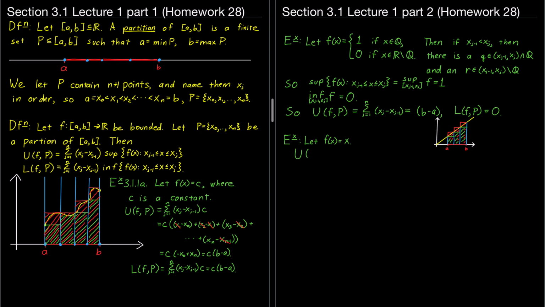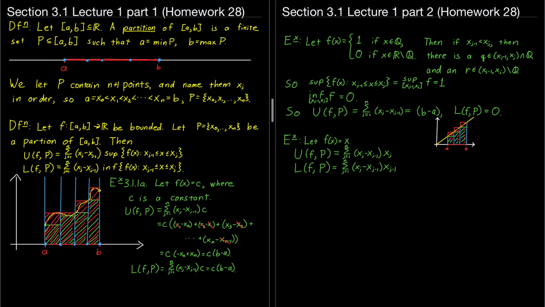So in this case, upper sum of f with respect to p, sum from j equals 1 up to n, xj minus xj minus 1. Then the biggest that f gets is xj. And our lower sum, same thing with an xj minus 1.